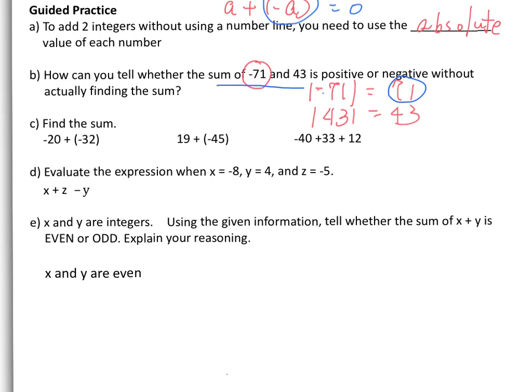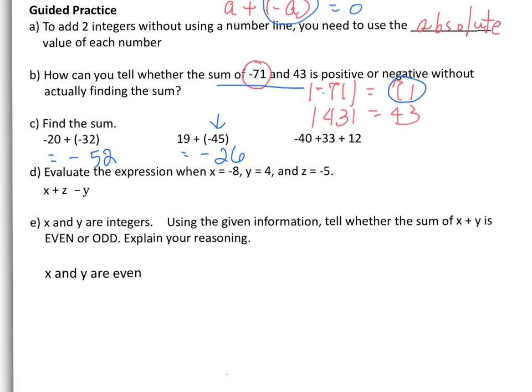Okay, part C, find the sum. Negative 20 plus negative 32. They have the same sign, so you add. 19 plus negative 45. They have different signs, and the number with the greater absolute value is negative 45, so I know my final answer will have a negative. And the difference of 19 and negative 45 is negative 26.